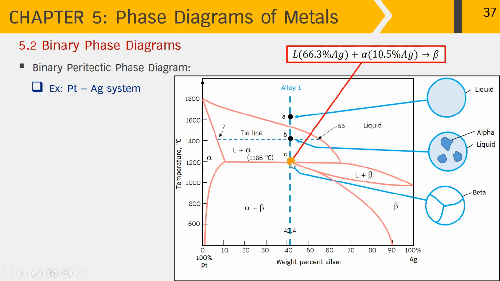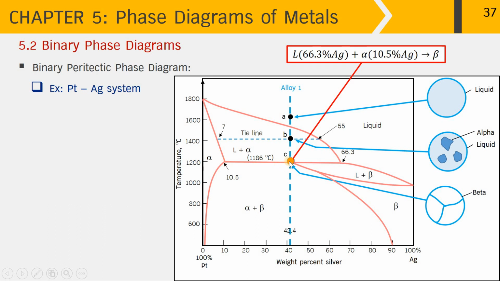For the platinum and silver system, the peritectic temperature is 1186 Celsius. The composition of the liquid phase prior to peritectic transformation is 66.3 weight percent of silver, whereas the composition of the alpha solid solution prior to peritectic transformation is 10.5 weight percent of silver.